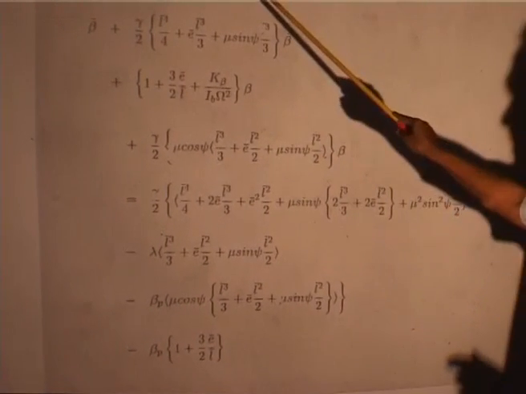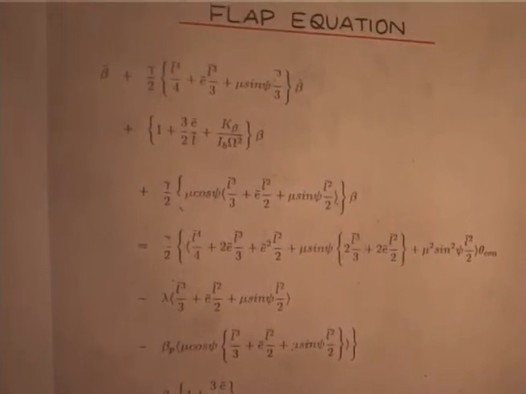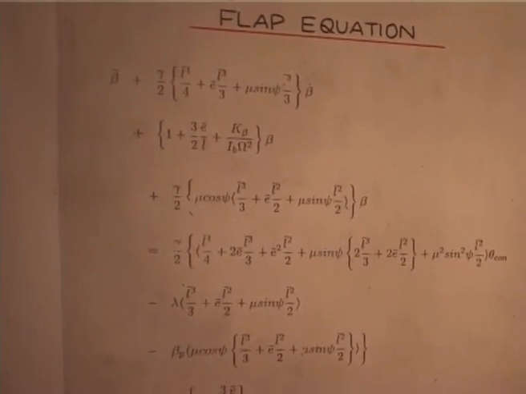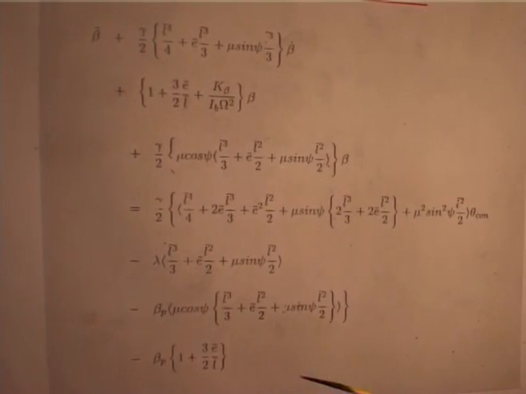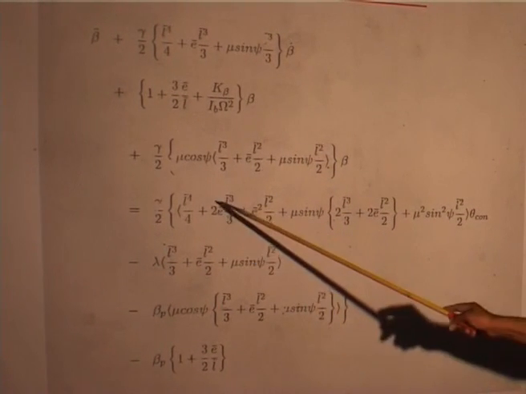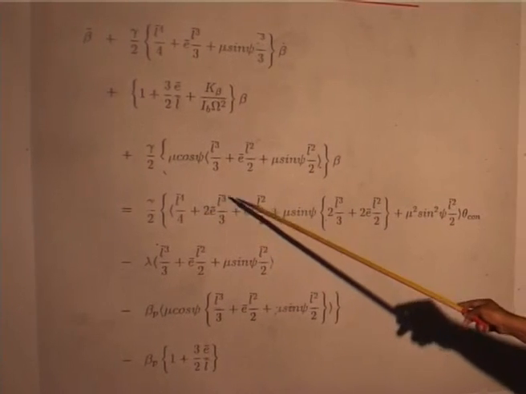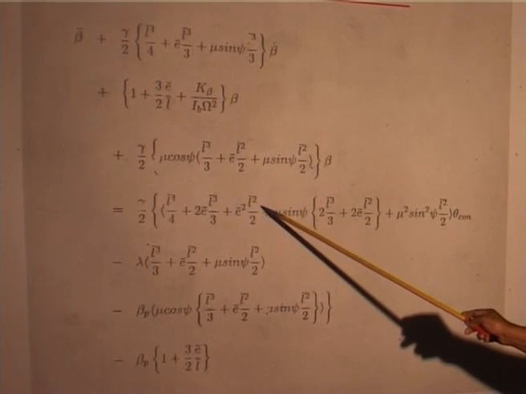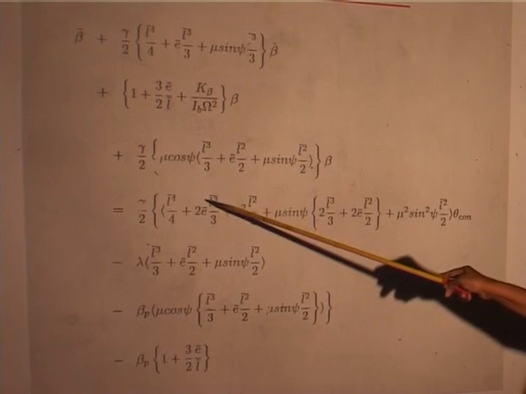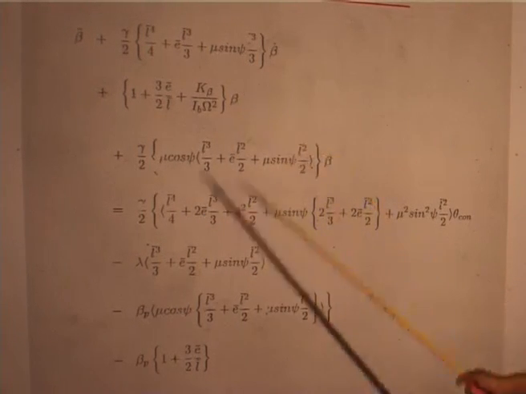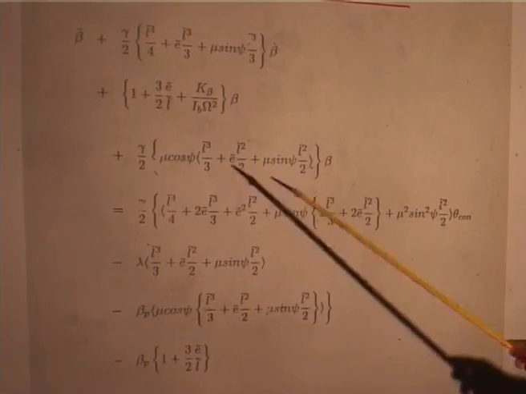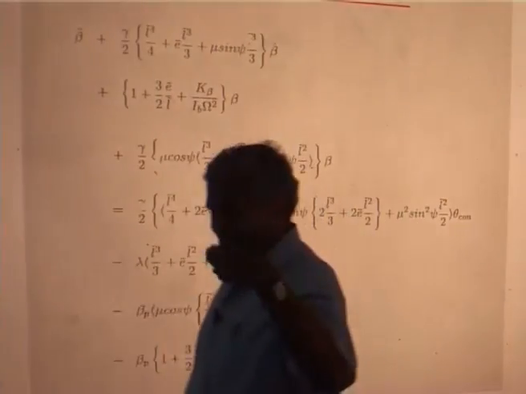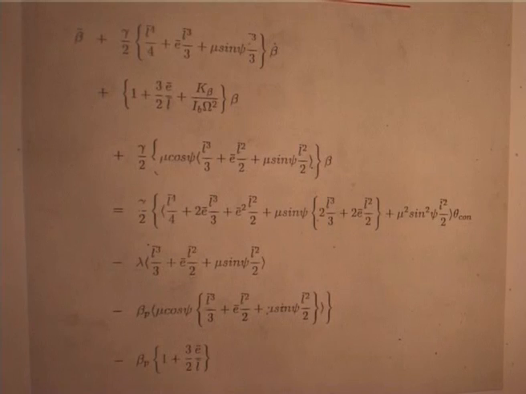Because of just the hinge offset, nothing else, I have not done anything more between the earlier development and the current development. Only thing is I added a hinge offset. Hinge offset will add a lot of additional terms. Okay. When you put E bar as 0 and L bar as 1, you will get back the old equation, what I had sent for you.